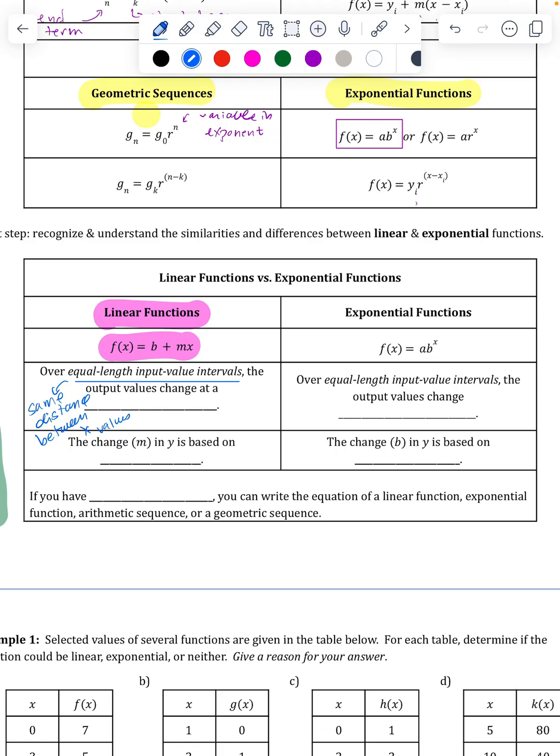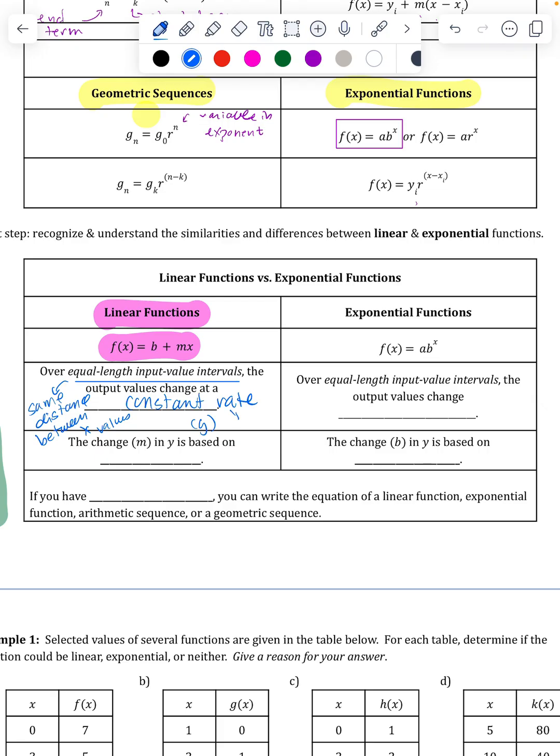And then the output changes at a constant rate. So this is going to be an important concept to tie together, that it will be linear if you have, over equal length input value intervals, a constant rate of change in your y's. So your y's are basically going to be going up or down by the same number every time.